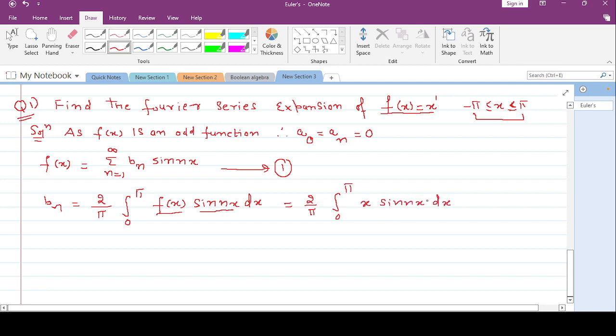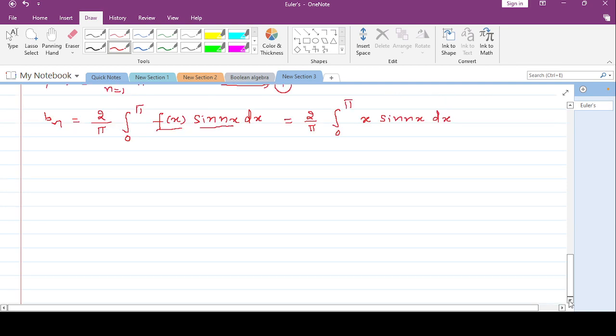Okay, now apply u into v. So what is u into v? u into v without using the integration sign.